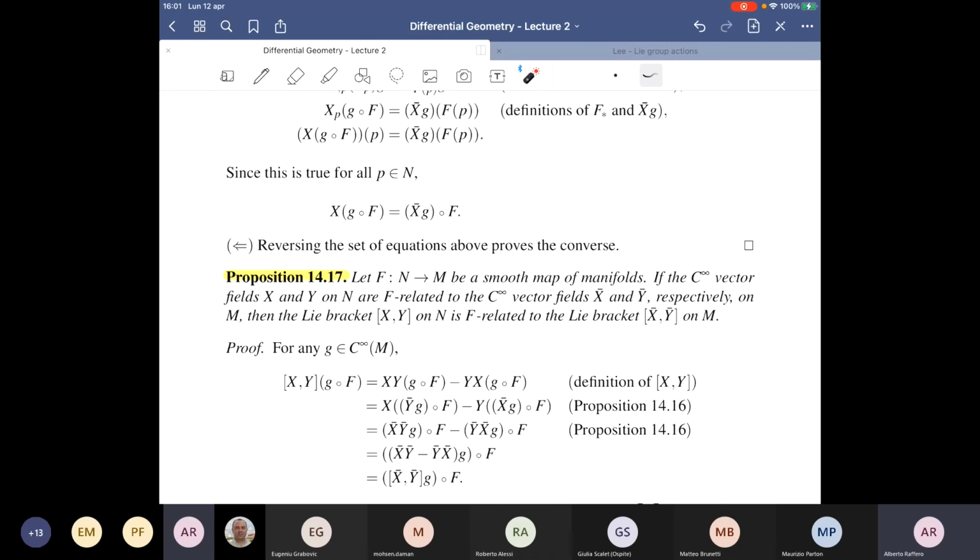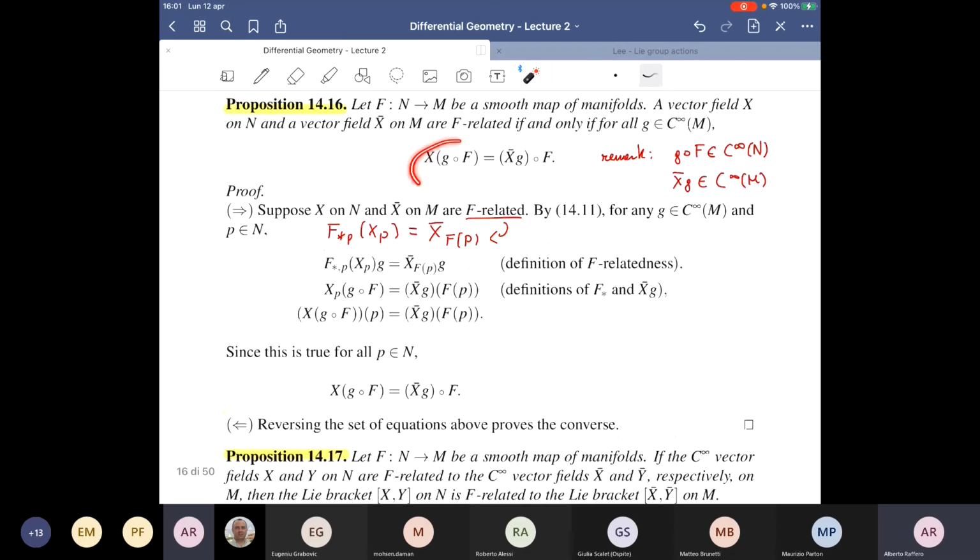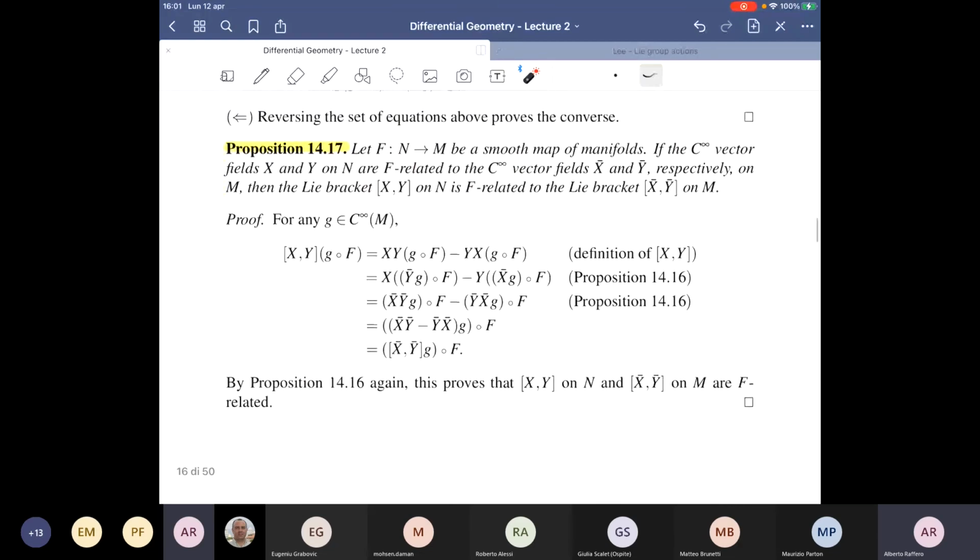In particular, if you have a smooth map between smooth manifolds, and you assume that you have a smooth vector field X and a smooth vector field Y on M that are F-related to the smooth vector fields X-bar and Y-bar on N, then the Lie bracket of the two vector fields on M will be F-related to the Lie bracket of the two vector fields on the manifold N. And you can show this just applying the proposition we have just discussed.